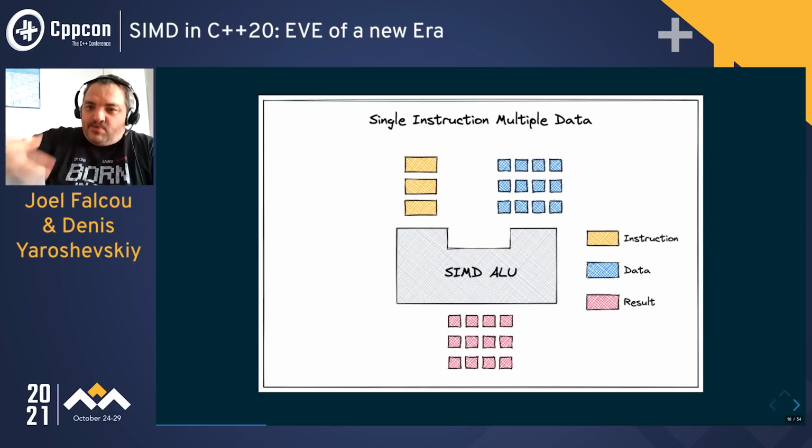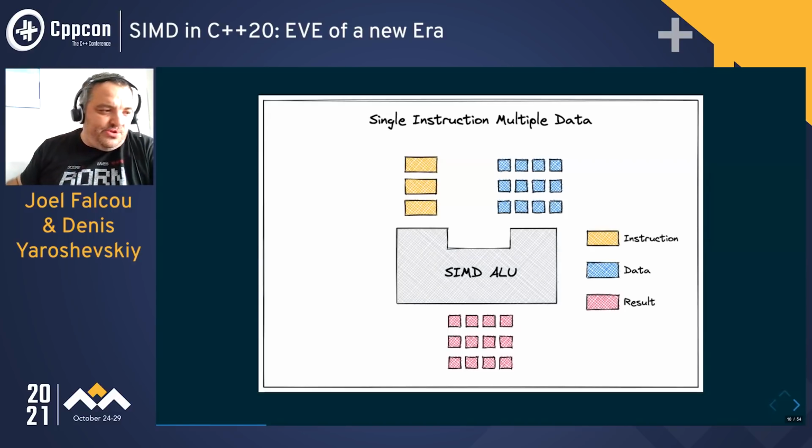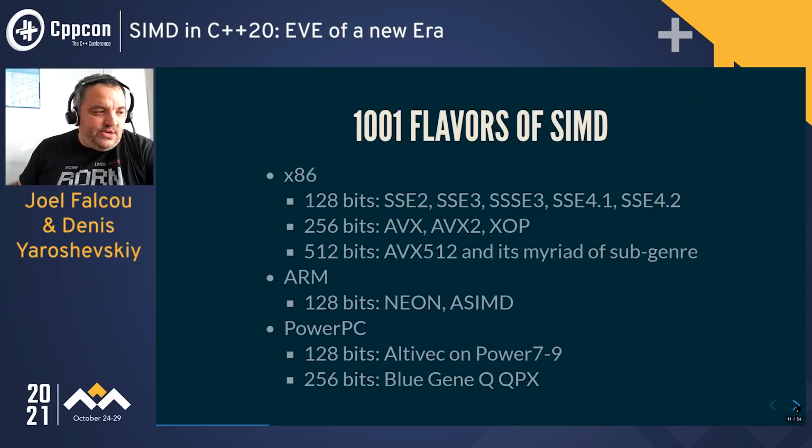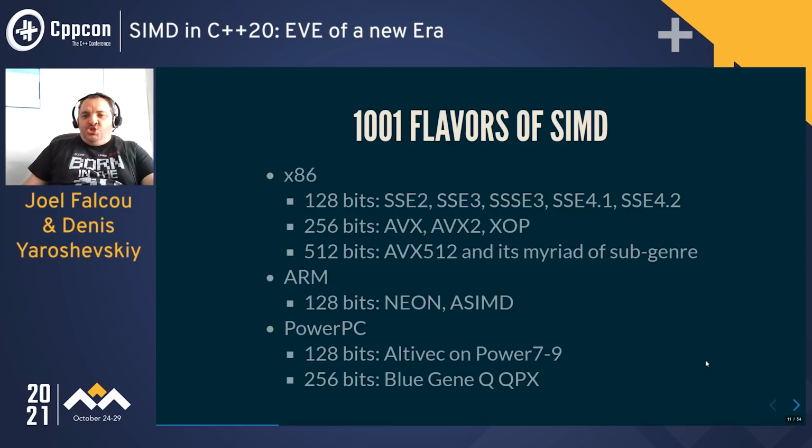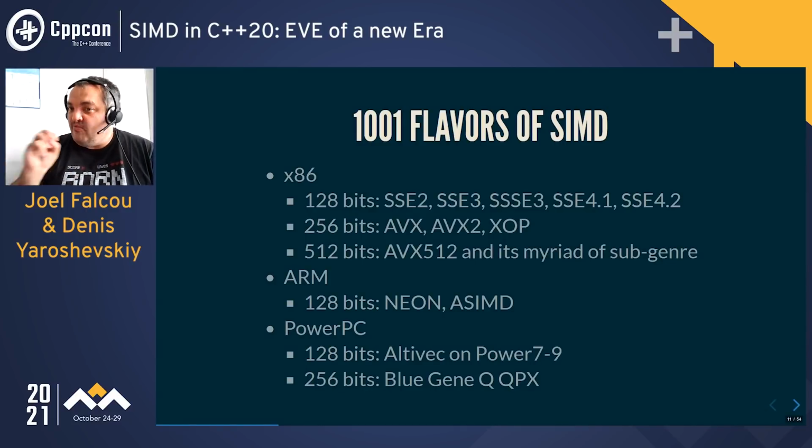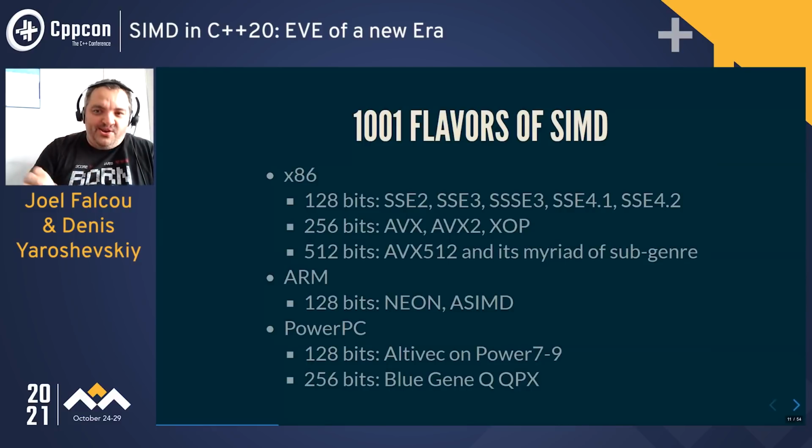So there is this kind of untapped thing that we need to put forward. And the question is, why is it an issue? Well, it's an issue mainly because there is, I don't know how many, variants of those kinds of instruction sets. If we focus on x86, we have 3 sizes of wide register, 128 up to 512 bits. For each of them, you have multiple, up to a dozen, instruction set variants.